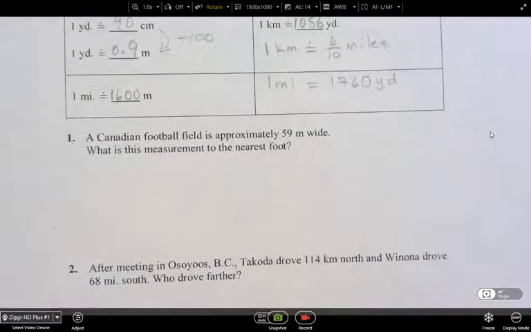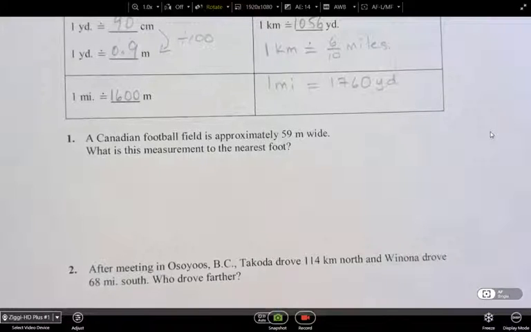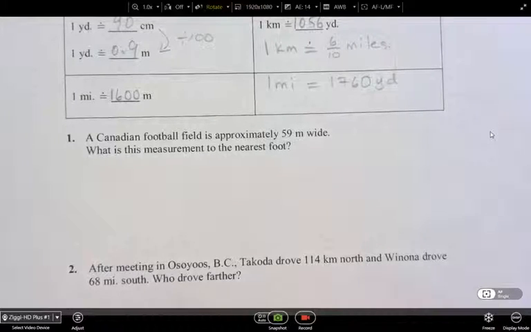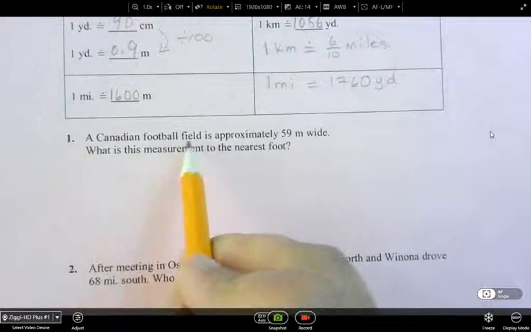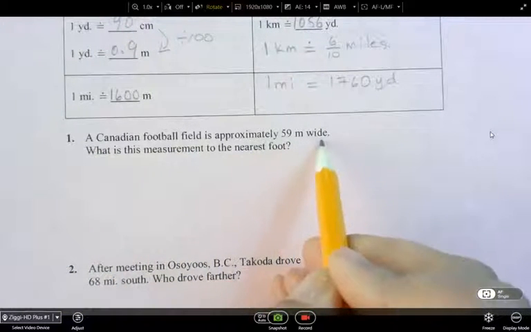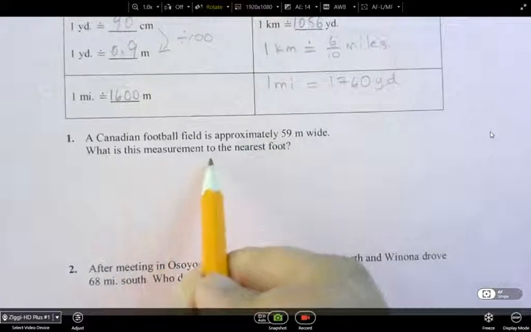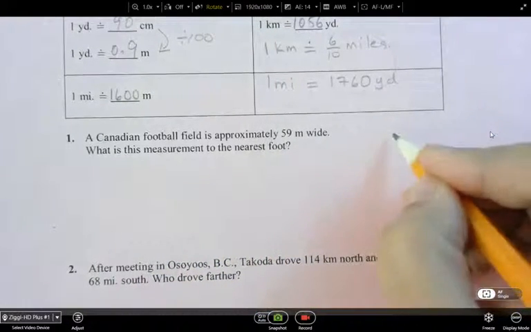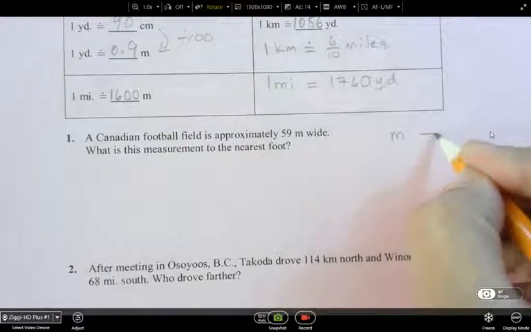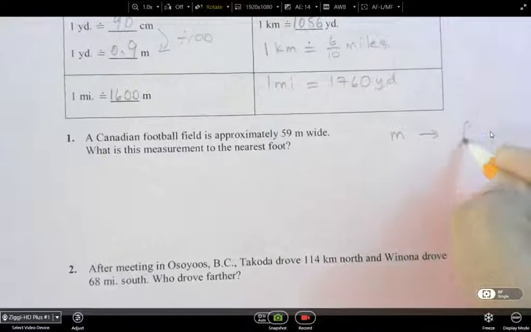It's imperative that when you're doing these questions, you write down the conversion that you are using. Okay? So for this one, what are we needing to convert? We have a Canadian football field that is approximately 59 meters wide. What is this measurement to the nearest foot? So we need to go from meters to feet.